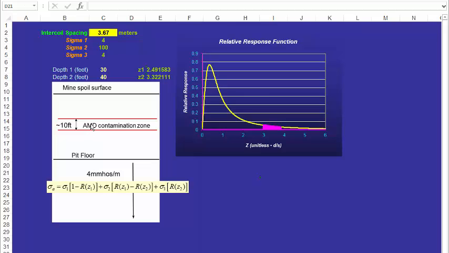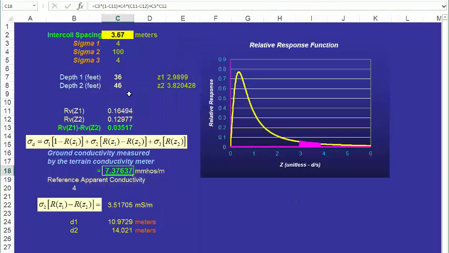observe the contamination zone. So we're going to start off at a depth to the top of the contamination zone equal to the intercoil spacing. That gives us a Z1 of 1, Z2 of 1.82.